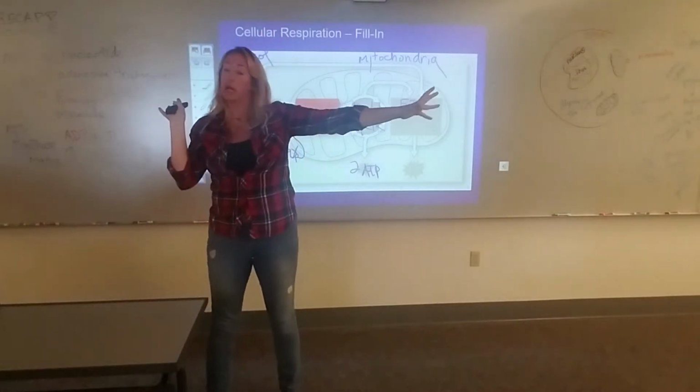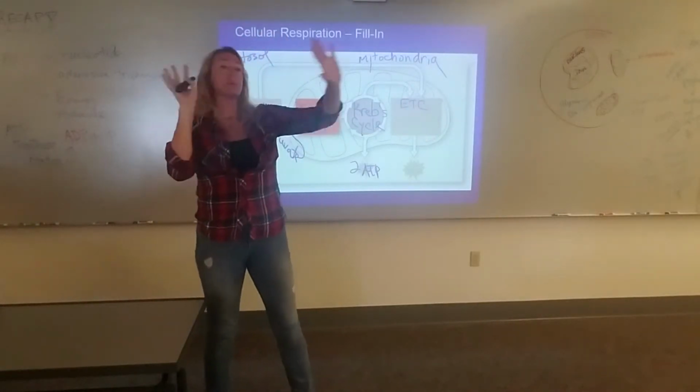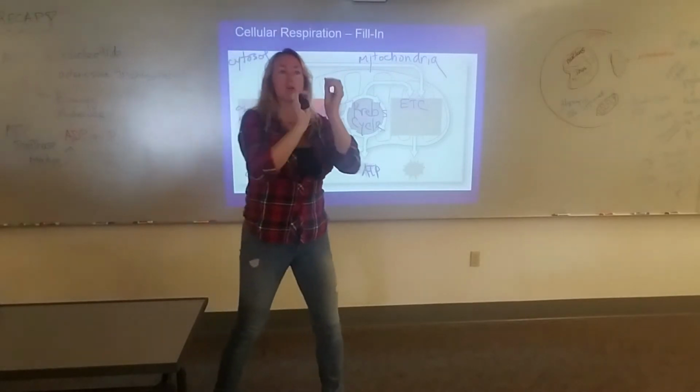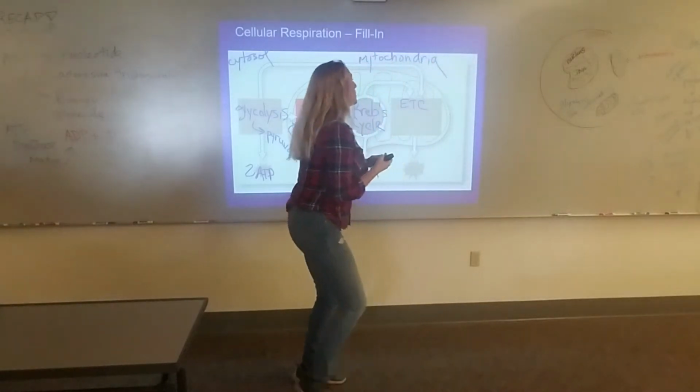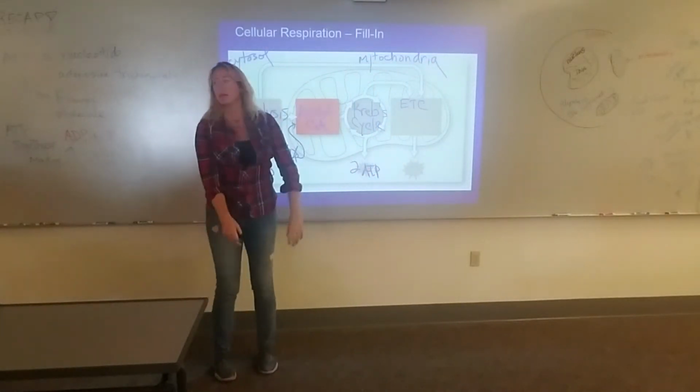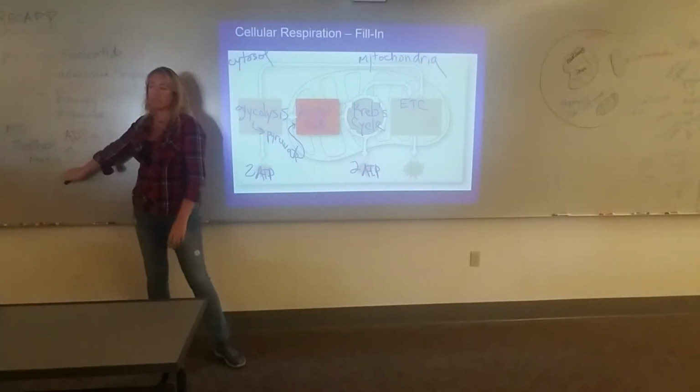Those proteins have a lot of iron in them. You need iron. It makes up those complexes. It's grabbing electrons and passing them down like a baton. As it's passing them down, it sets up a concentration gradient that powers this guy, the ATP synthase.